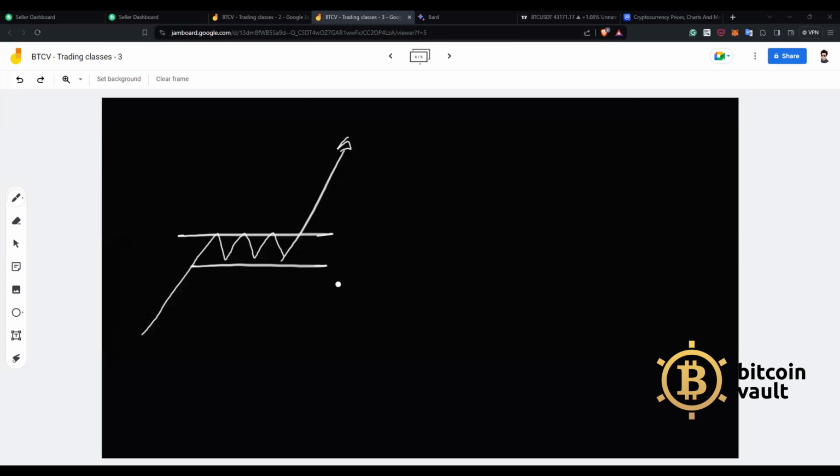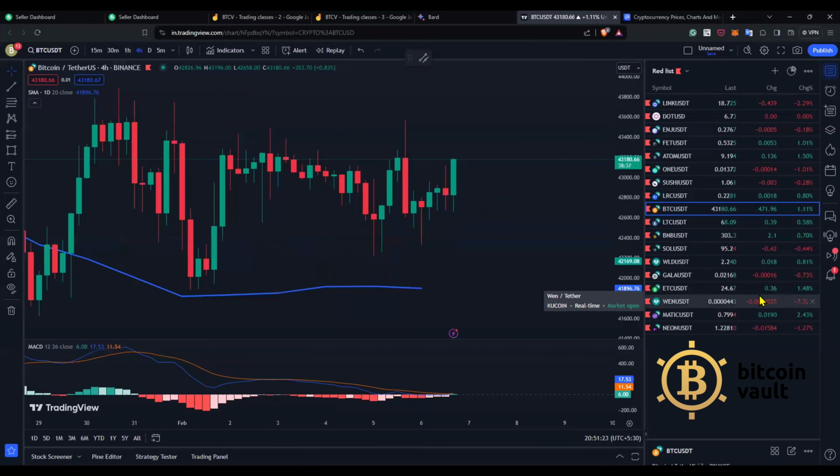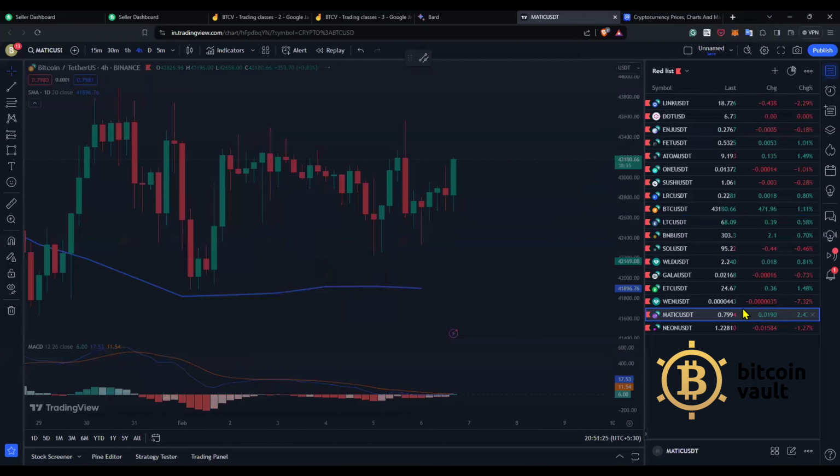Okay, so I was saying that this is a continuation pattern, and generally in a continuation pattern you don't find a retracement. The market just moves up. 1 second, guys. I think the market is moving in the upper direction. Let's just check. Okay, so Matic has broken out.